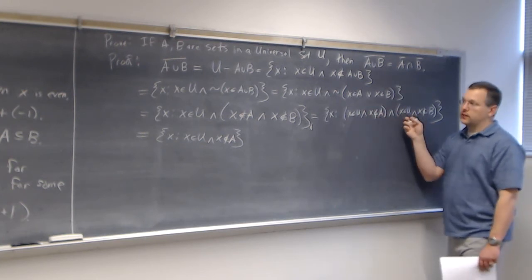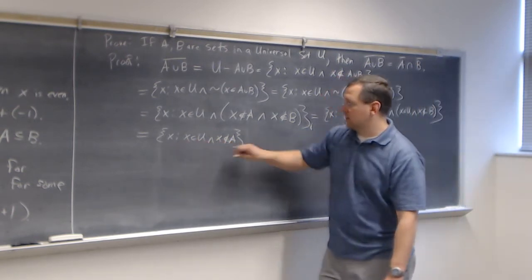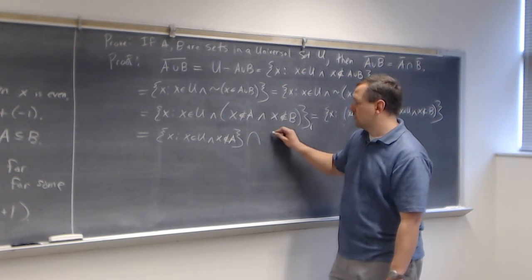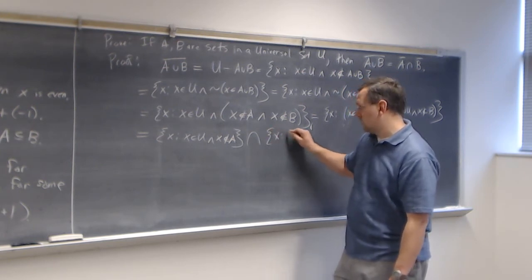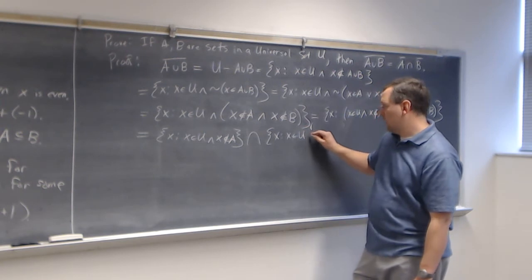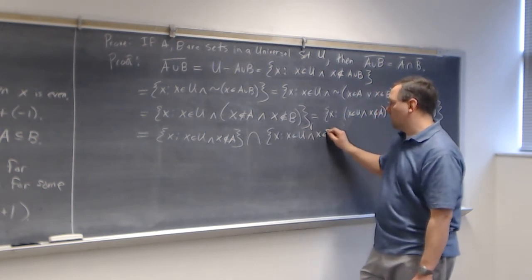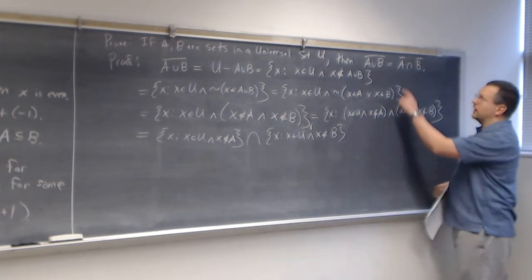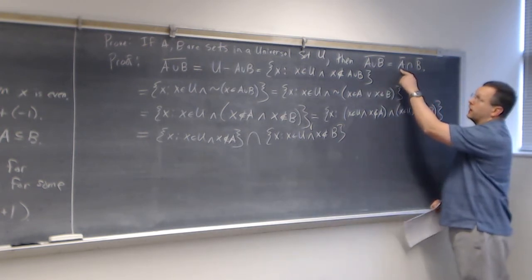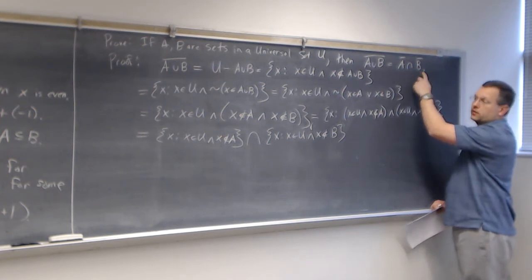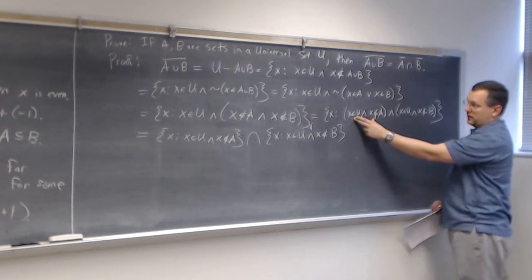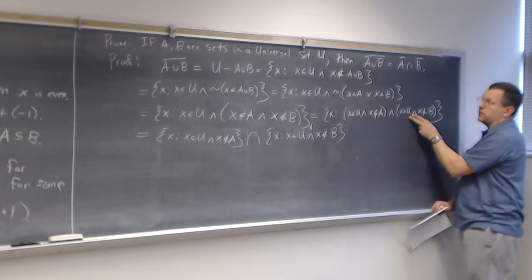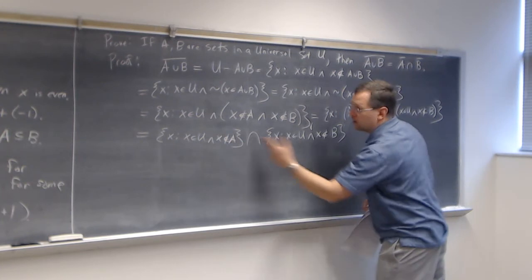Using intersections, that's the same as saying x is in this set, intersect the set of x such that x is in the universal set and x is not in B. The reason I did that is so it looks like what I want. I want it to look like A complement intersect B complement. So here, x is not in A, this is equivalent to A complement, and this is like my B complement.